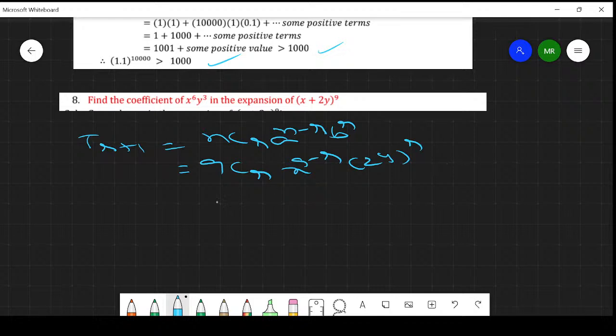So this becomes 9Cr, 2 power r, x power 9 minus r, y power r.